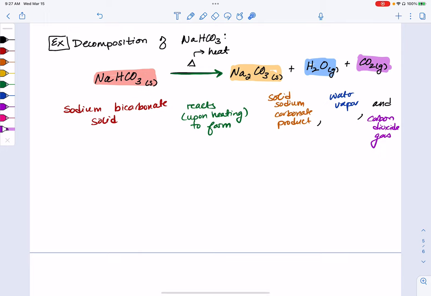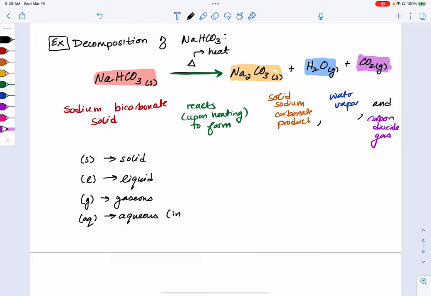And then I've indicated my products with their phases, where again, this phase subscript S means solid, subscript L means liquid, subscript G means gaseous, and then subscript AQ, aqueous, which means in solution. So it's a pseudo phase. It's not technically one of our phases, but it does describe where we might find this particular substance in our chemical reaction.